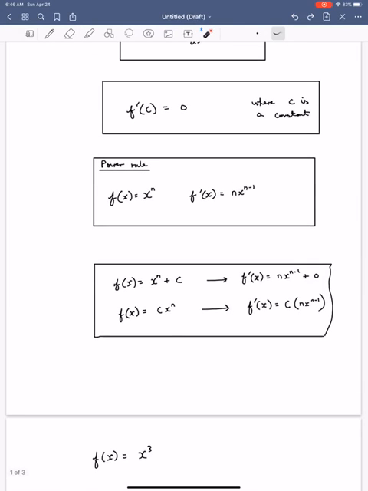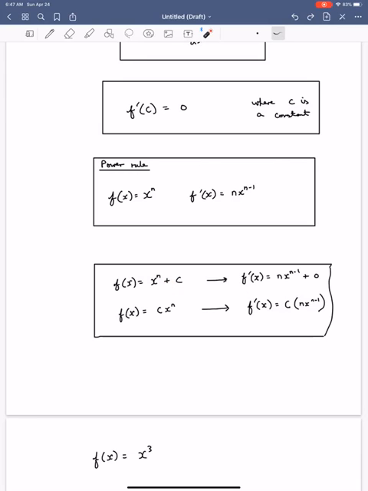Now you have linearity. Now derivatives follow linearity. Basically, if you're given something in the form of this, where you're given a function that's added to a constant or another function, you will basically solve those two things individually and then add them together based on whatever sign it was previously.